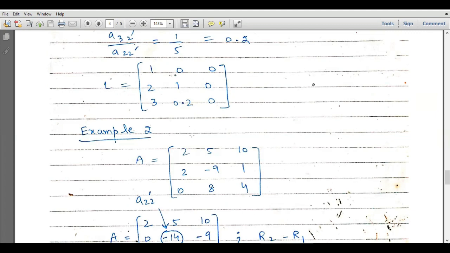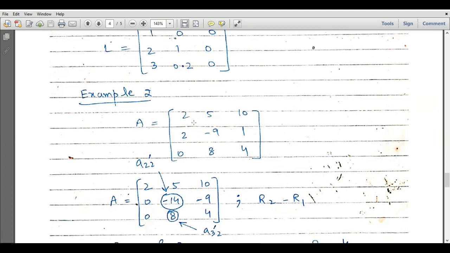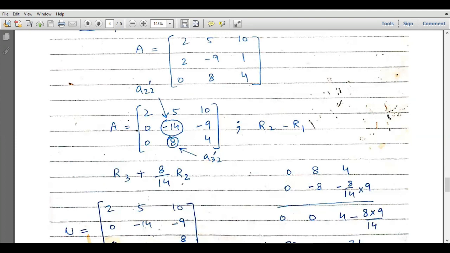Now let's solve another example, and in this example we are given the system matrix as this, and let's convert this entry equal to 0, and this will be achieved by R2 minus R1. After this operation, these are our new entries. This entry is already equal to 0. Now the only thing is to convert this entry to 0.